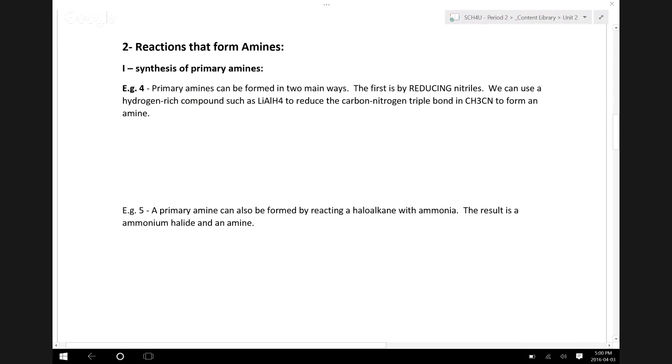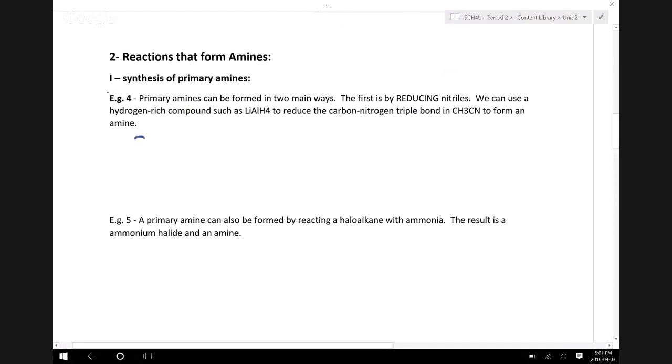All right, and so the first example is that we can reduce a nitrile, and nitrile is a very specific type of compound. So we could reduce a nitrile, which I'll explain to you what it is, using a hydrogen-rich compound, such as lithium aluminum hydride, to reduce the carbon-nitrogen triple bond. So a nitrile is something that has a triple bond to nitrogen.